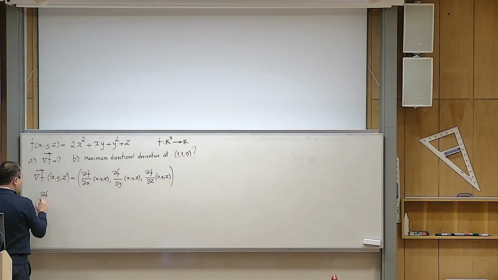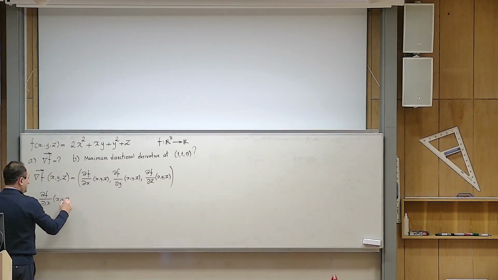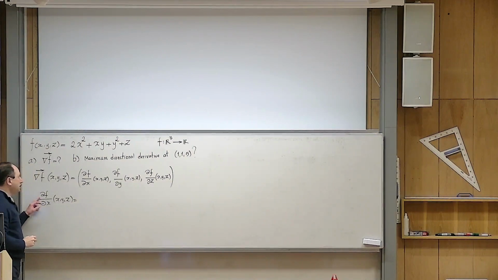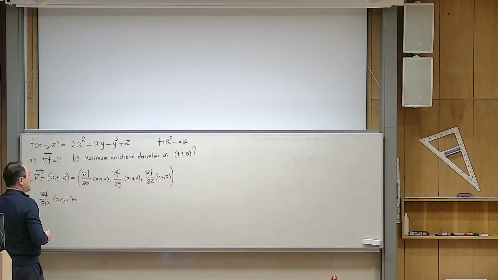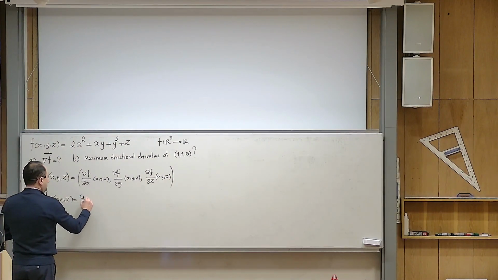So if I ask you what is the partial f partial x, I would say that this means differentiate your function, consider that x is the only variable that you are facing and y and z are considered to be constants. Here the derivative of 2x squared with respect to x is just simply 4x.